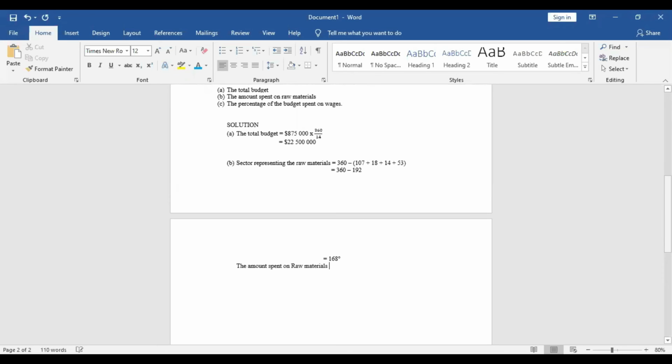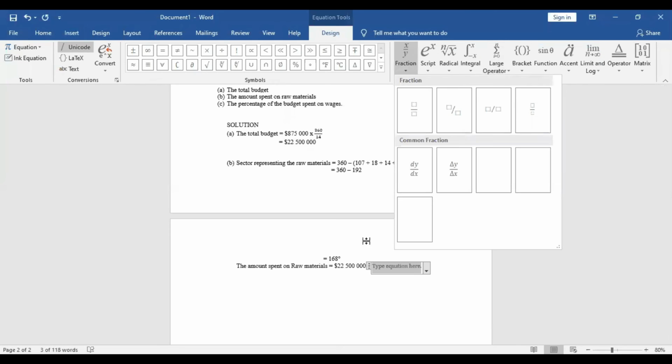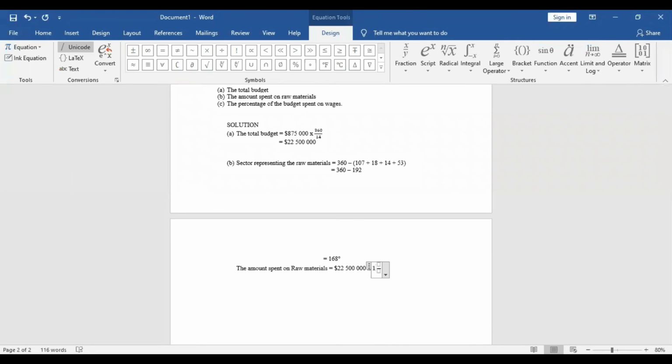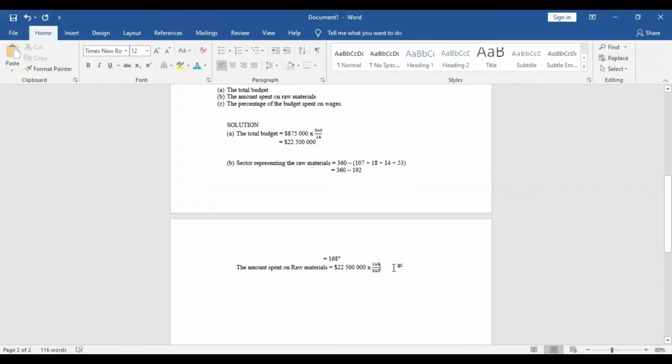We already calculated what the budget was earlier. So we take our budget and we multiply that by the degrees, which is 168 degrees upon 360. So that's one way of doing it.